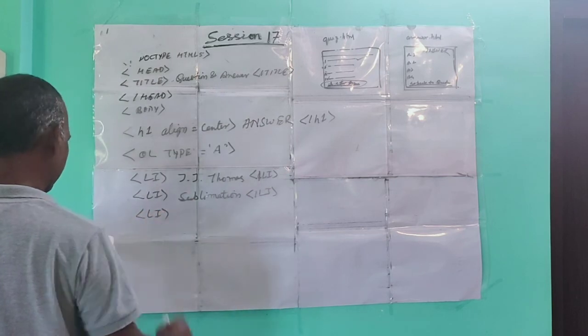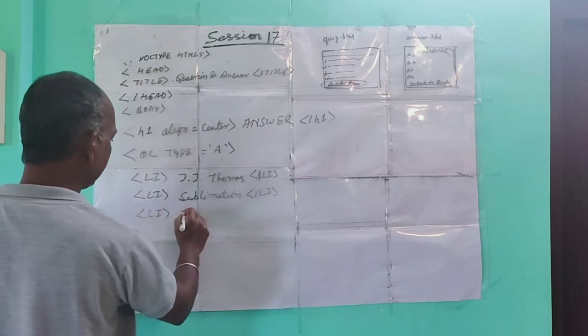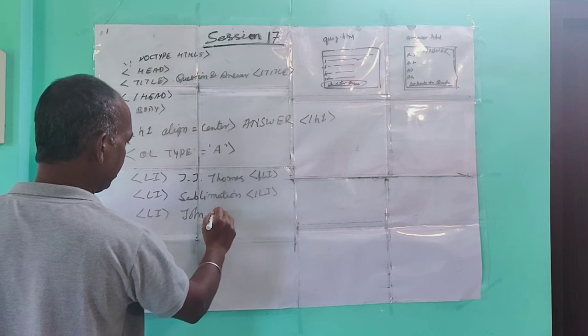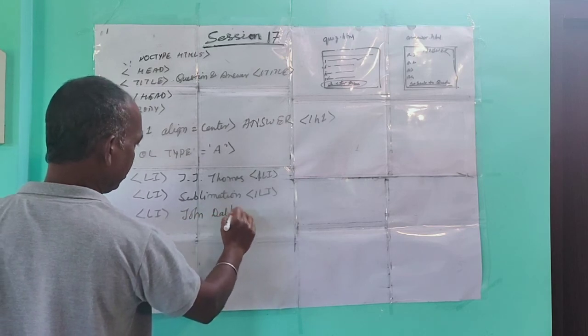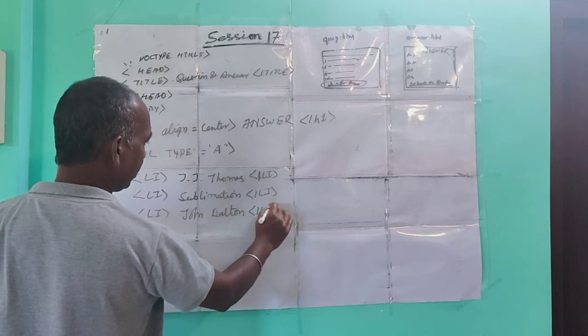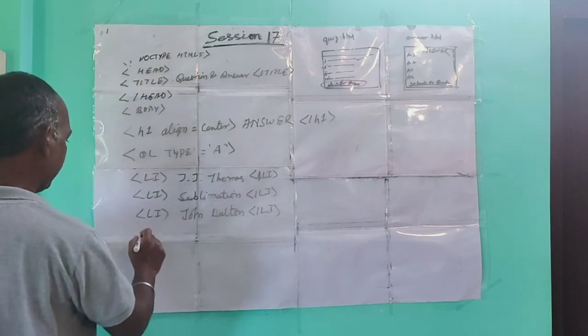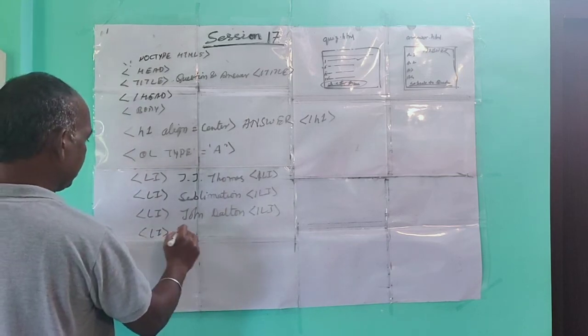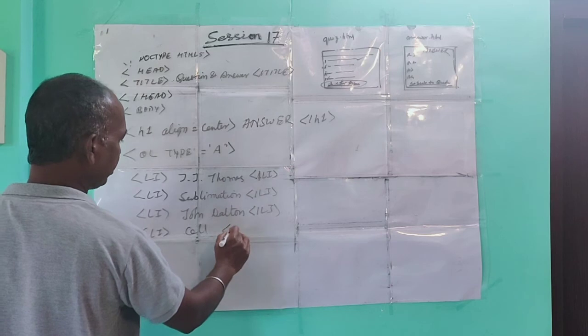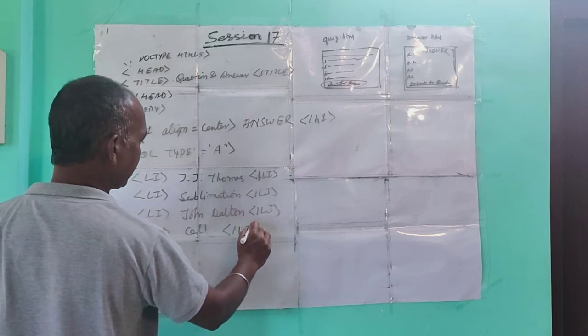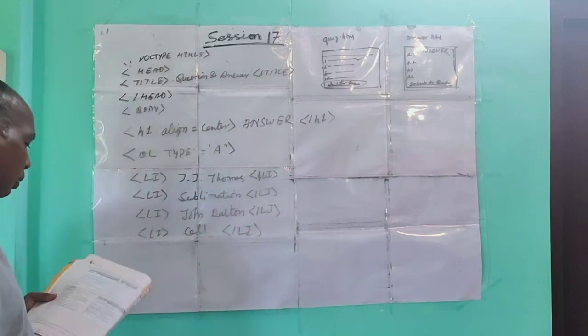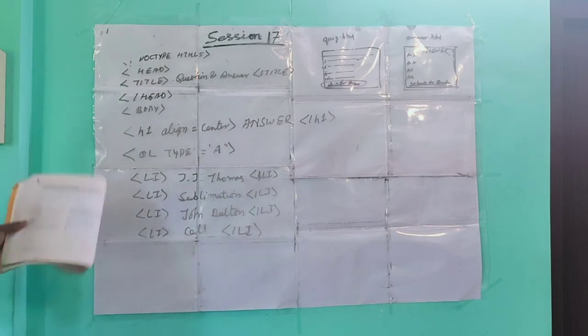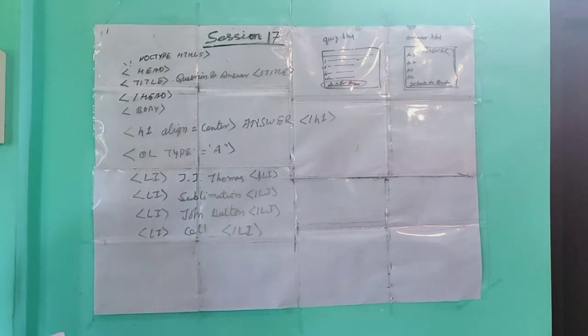Then John Dalton, close LI, then number 4 is set. You see, I am adding only 4 questions, so I am adding the 4 answers. But in the book there are 5 questions and 5 answers. You can complete it by giving five questions and 5 answers.